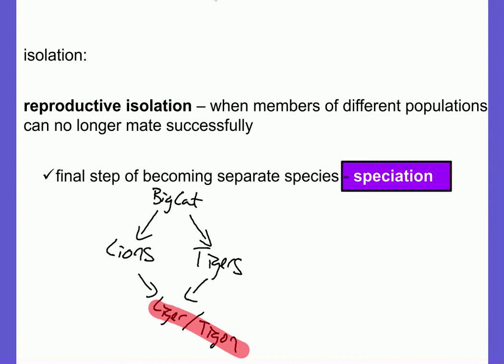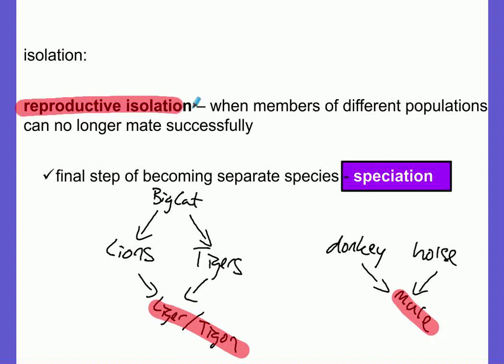Same can be true for donkeys and horses, because they can reproduce successfully, or semi-successfully, that is. Remember that mule cannot reproduce, which is why donkeys and horses have reached this reproductive isolation.